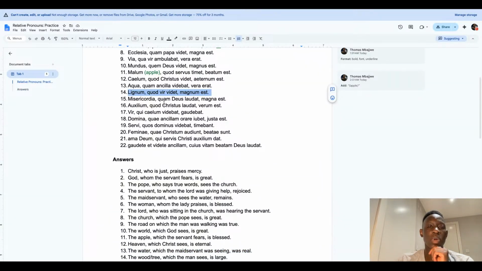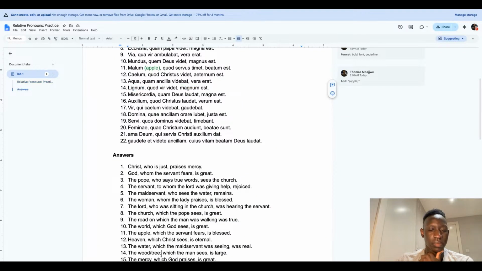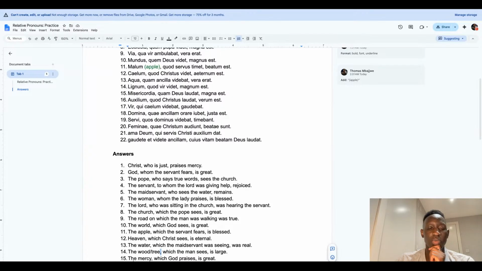Lignum quod vir videt magnum est. The tree which the man sees is great, or large. Auxilium quod Christus laudat verum est. The help which Christ praises is true.